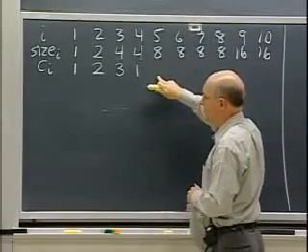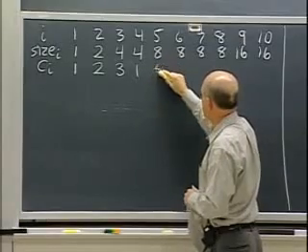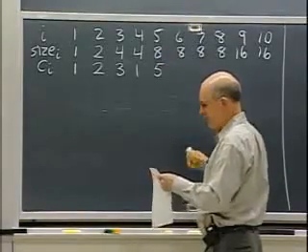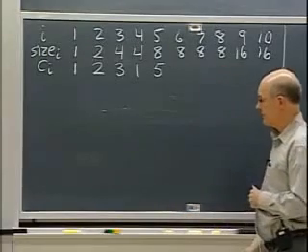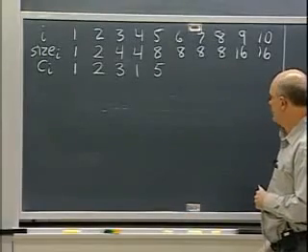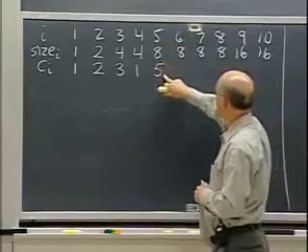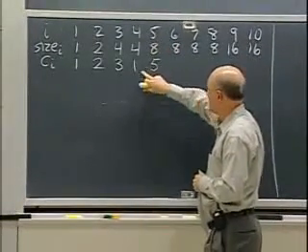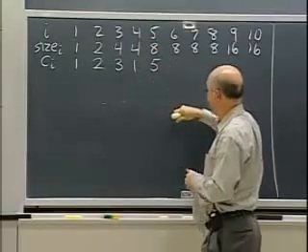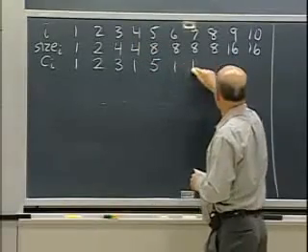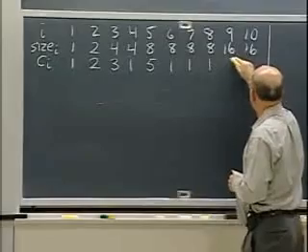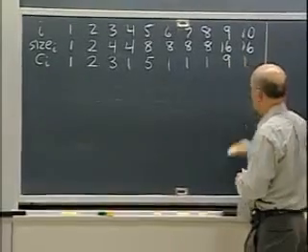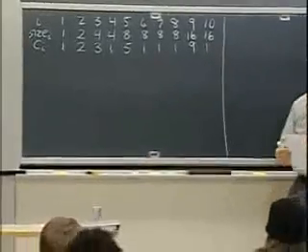Here I had to copy 4 and insert 1, so the cost was 5. Yeah, see? The cost for 5 is i, if i minus 1 is a power of 2. Okay? 1, 1, 1, and now we pay 9, and then 1 again. So that's the cost we're paying.